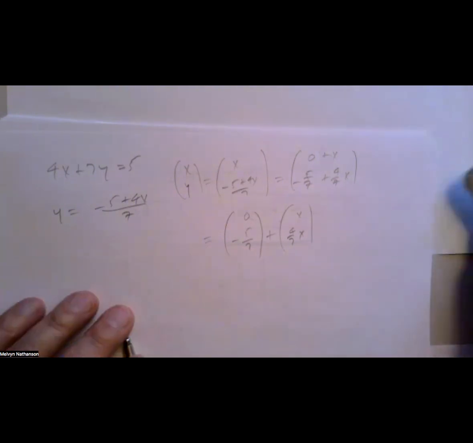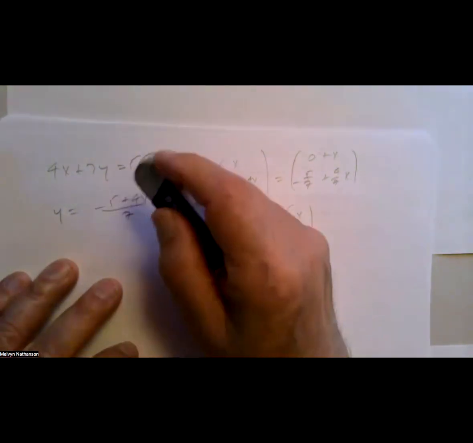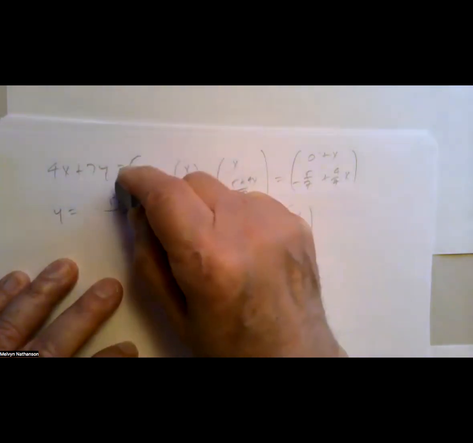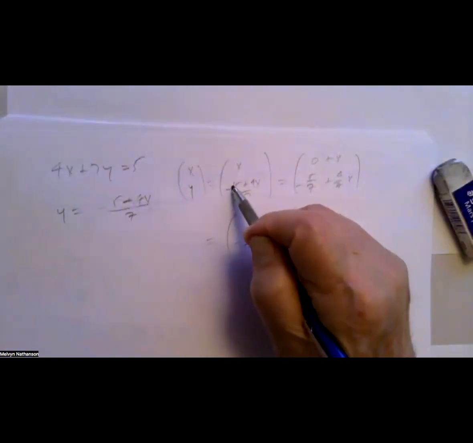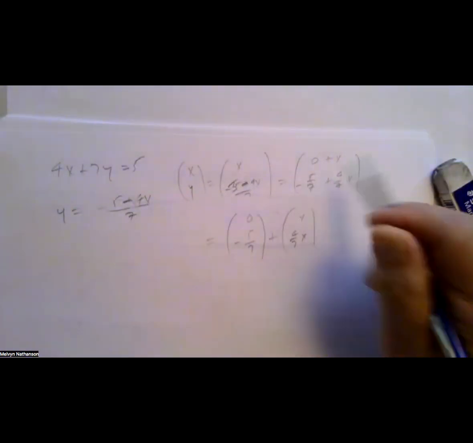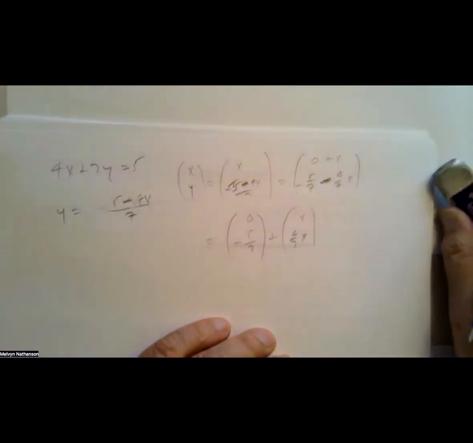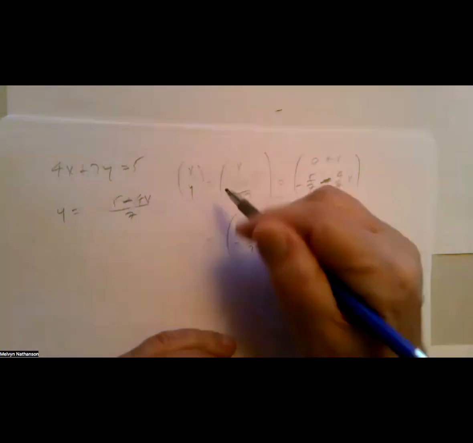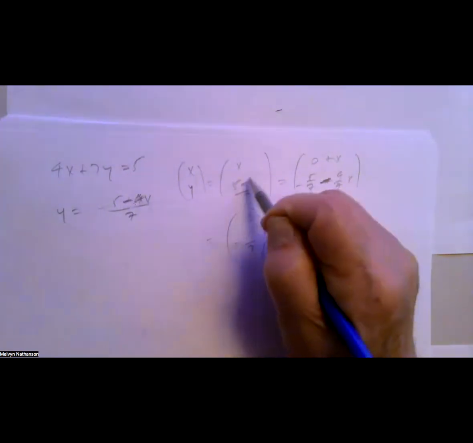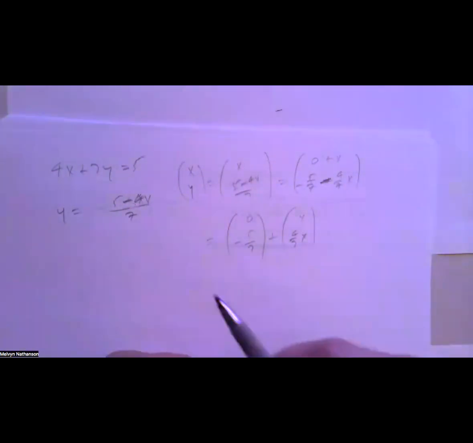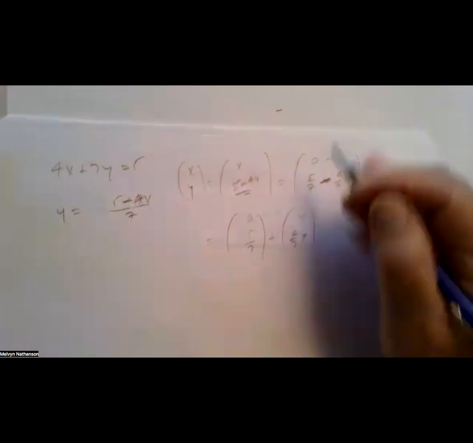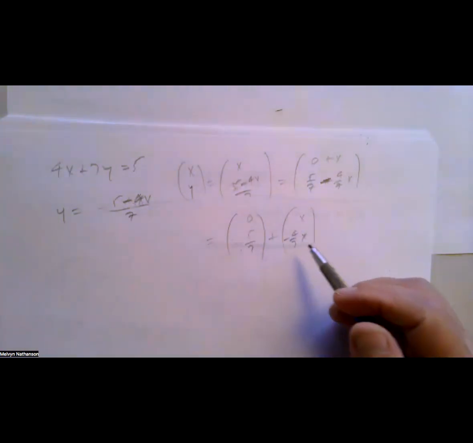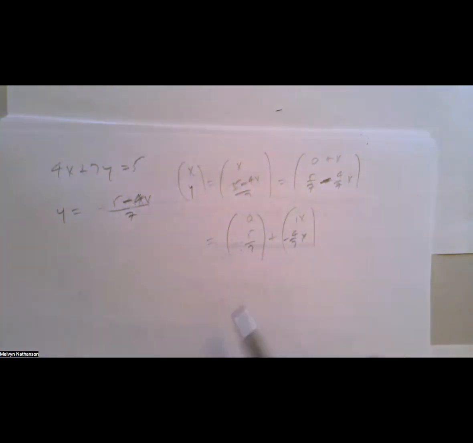Oops, I wrote this backwards. If I'm solving this for y, y is equal to 5 minus 4x over 7. Got the sign wrong. So this is 5 minus 4x over 7. So let me make sure I do this right. So this is 0, 5/7 and x minus 4/7 x. And x is the same as 1 times x.